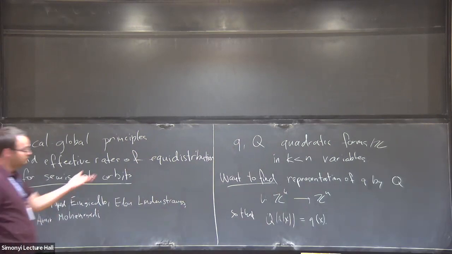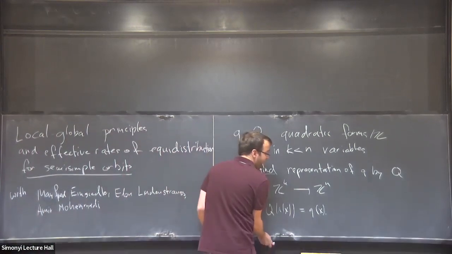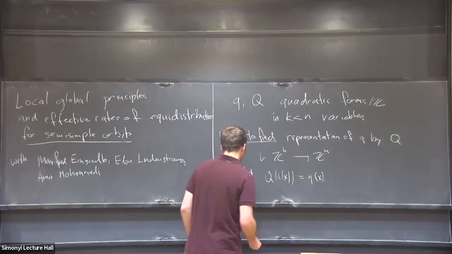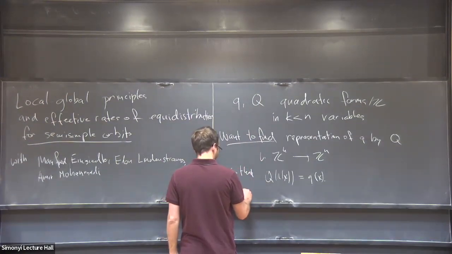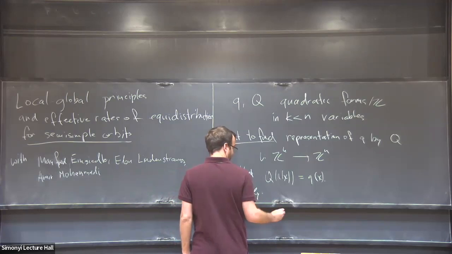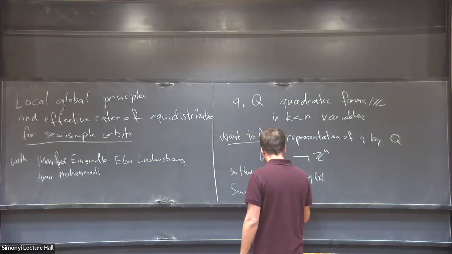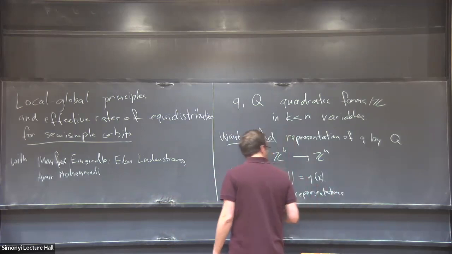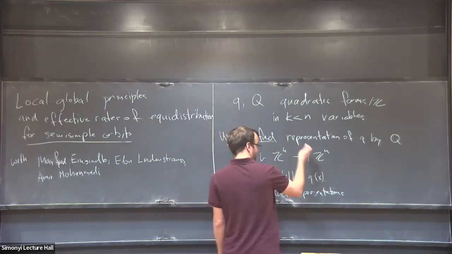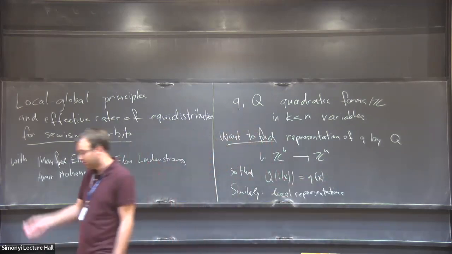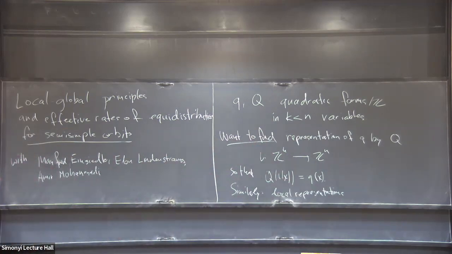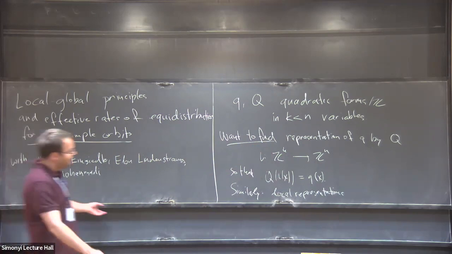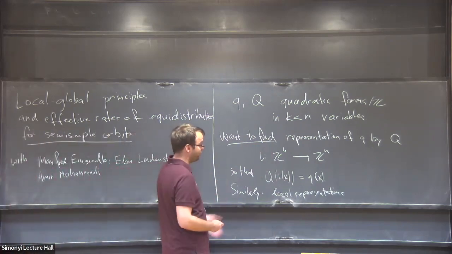Of course, I have local representations in very much the same way: from Z_p^k to Z_p^n, and over R. And there are obvious obstructions.